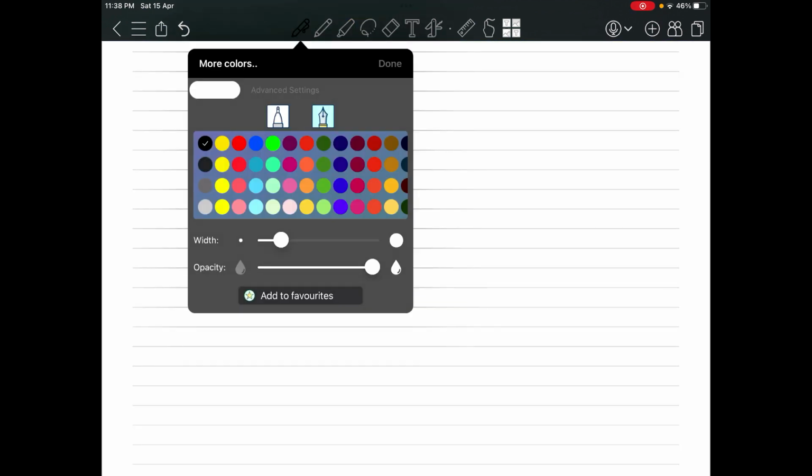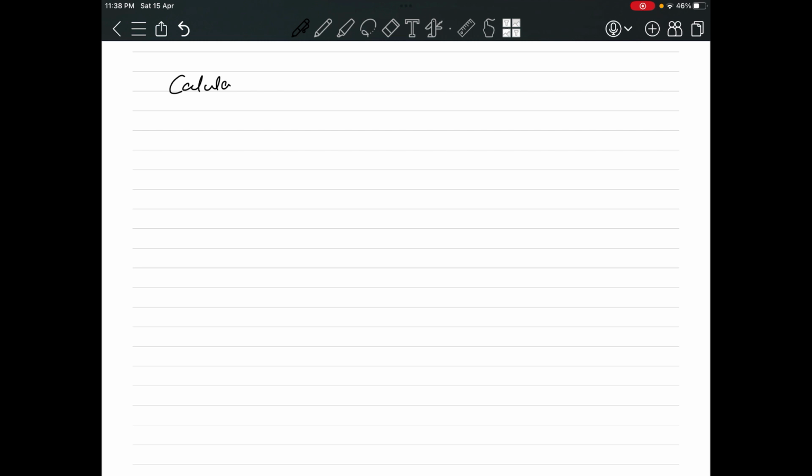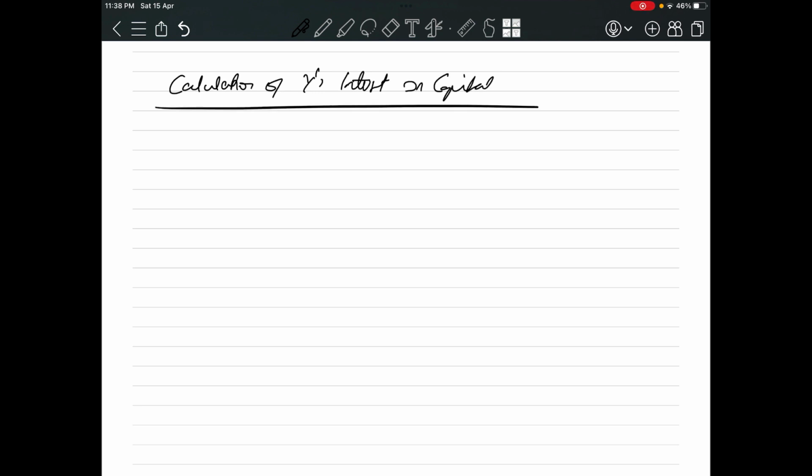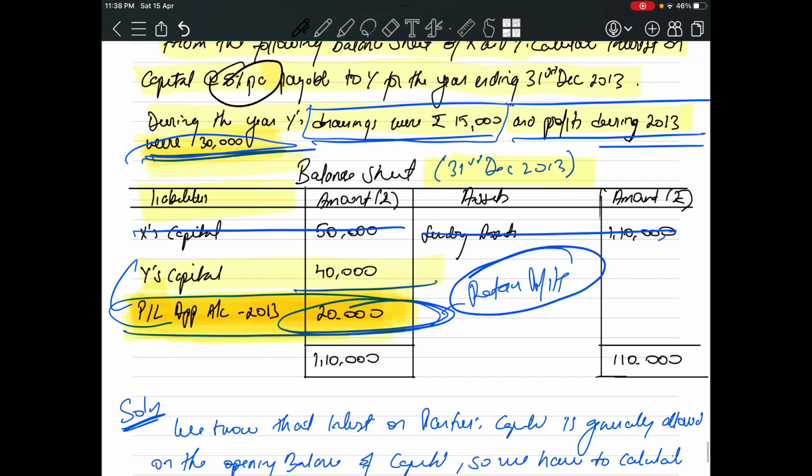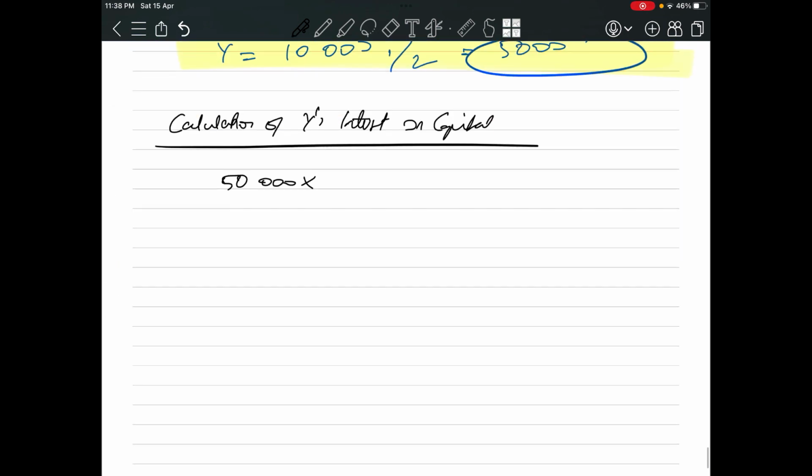Now we will calculate interest on capital. So it's simple now. Calculation of Y's interest on capital. What was the opening balance? 50,000, into what was the rate? The rate was 5% per annum.